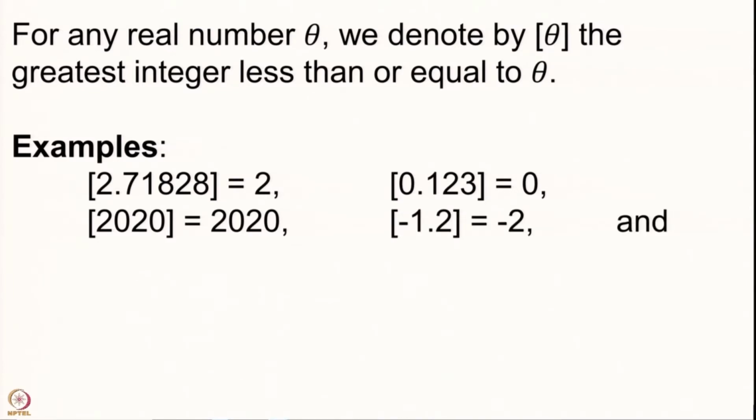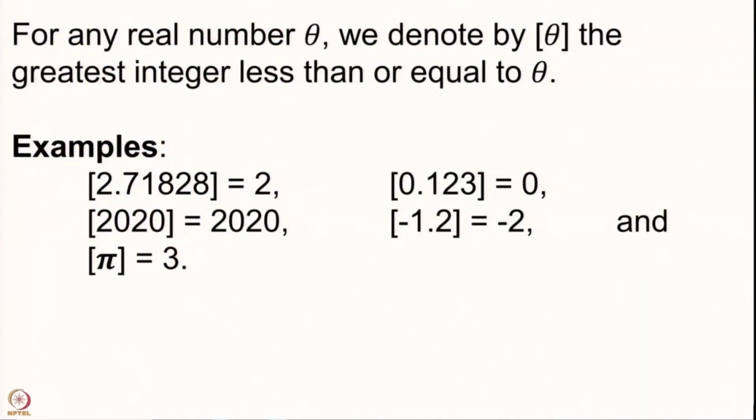If you have the number minus 1.2, its floor function will give you minus 2, because minus 1 is not less than minus 1.2. Minus 1 is bigger than minus 1.2. In fact, if you plot them on the real line, you have 0, then you go to the left-hand side, you have minus 1, and then you go a little bit further, 1/5 of an integer, and you will have minus 1.2.